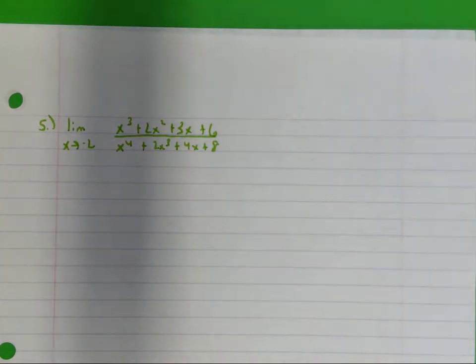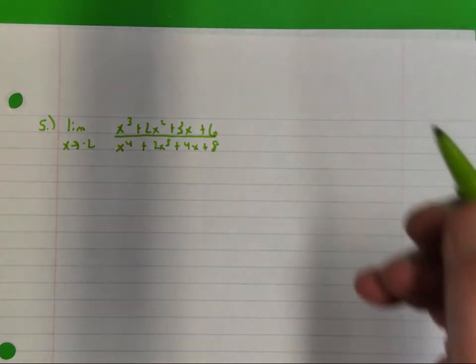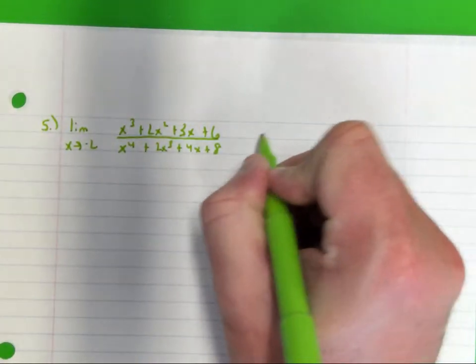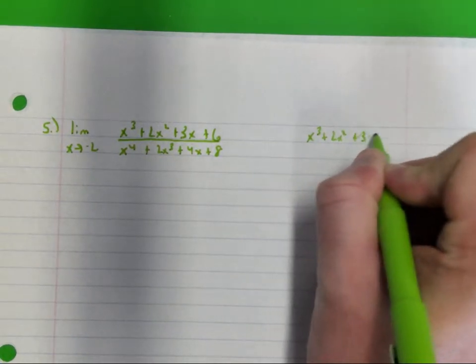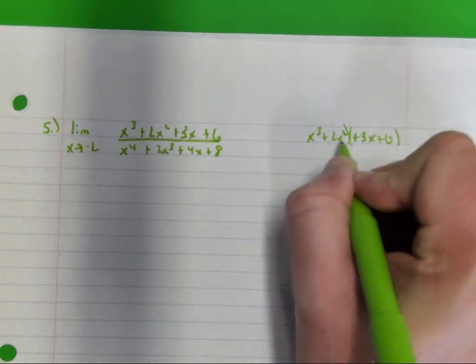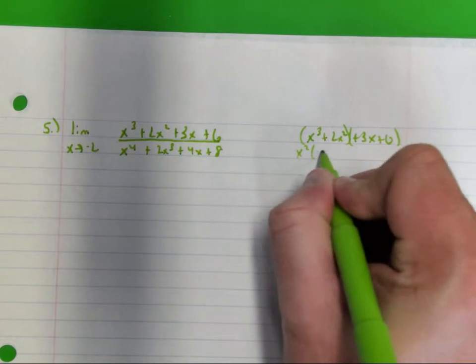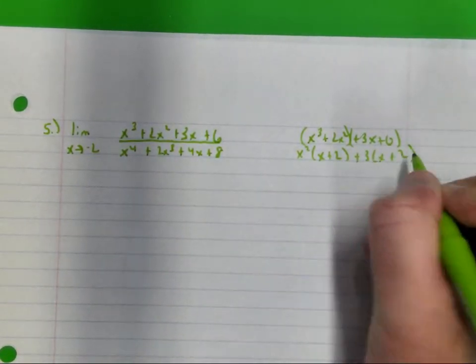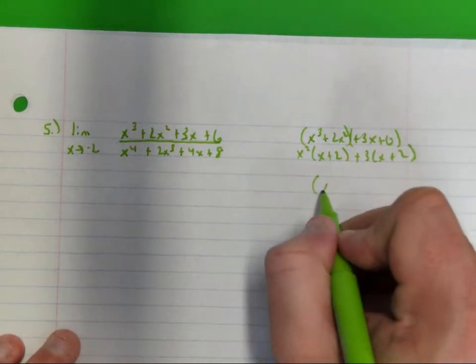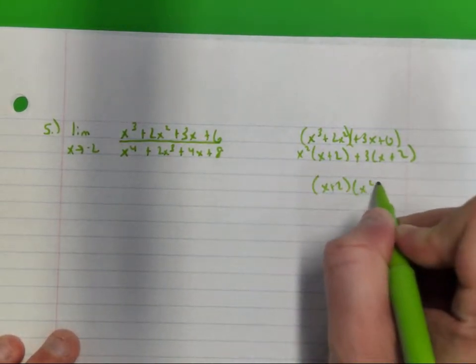Which one of our strategies, factoring, rationalizing, or find a common denominator, would you try to use on this one? Factoring. It's term for term. So I'm going to factor by what? Grouping. Okay. So I'm going to come over here and factor this. Take an x squared out. I'm going to take a 3 out. So I get x plus 2 and x squared plus 3.